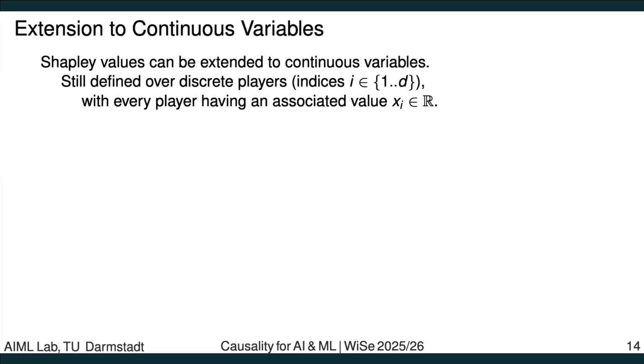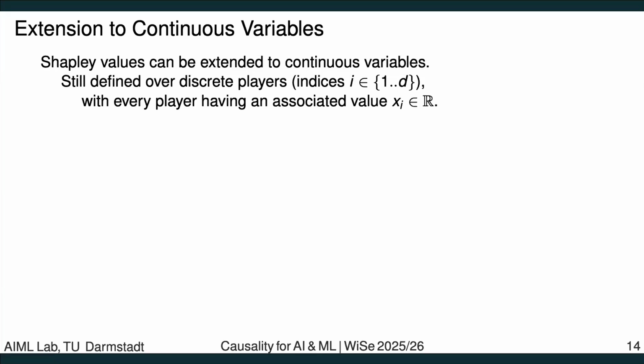But the problem is if we are looking at machine learning models like neural networks or whatever, I usually have continuous features. And how do I handle that? The idea is that I still consider these players or actors. So all of my features that I put into my model are now these kind of players that add to the reward in the end, or maybe a correct prediction.